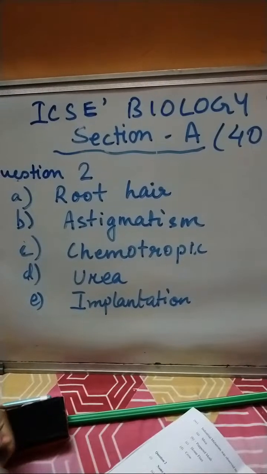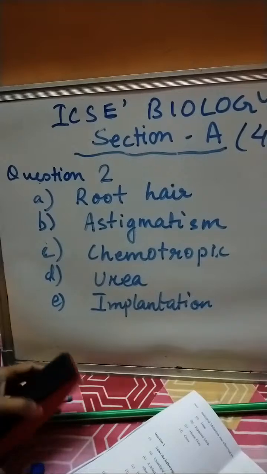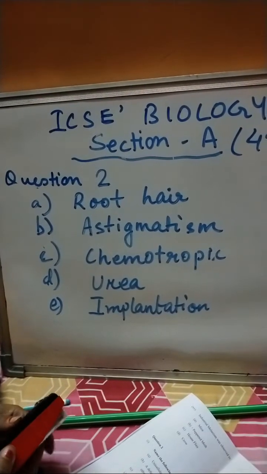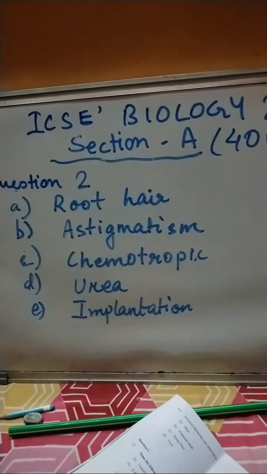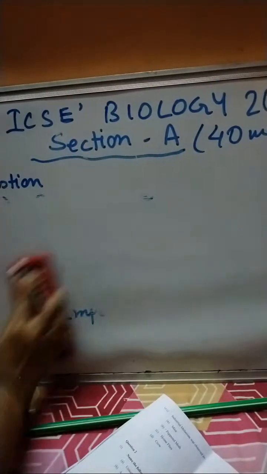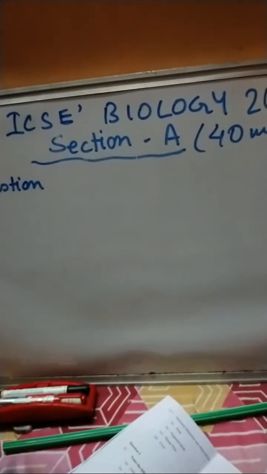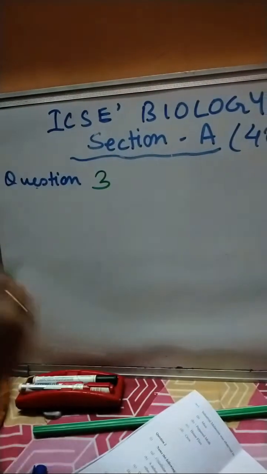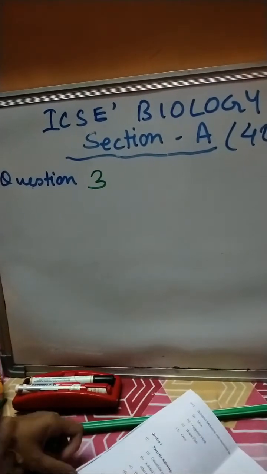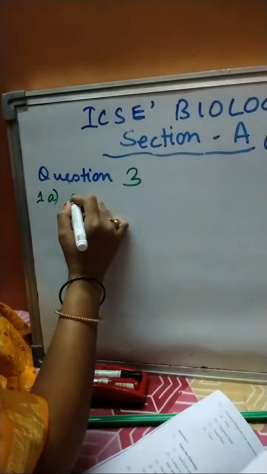So these were the answers of question number 2. We'll go to question number 3, that is arrange and rewrite the terms in each group in the correct order to be in a logical sequence beginning with the term that is underlined. So I'm rubbing out question number 2. We'll start with question number 3. So logical sequence starts with A, that is Australopithecus.